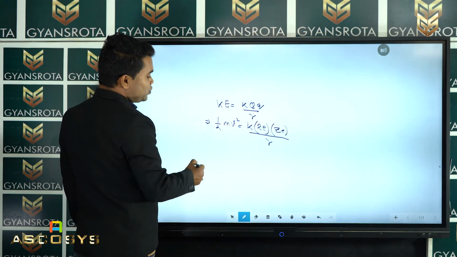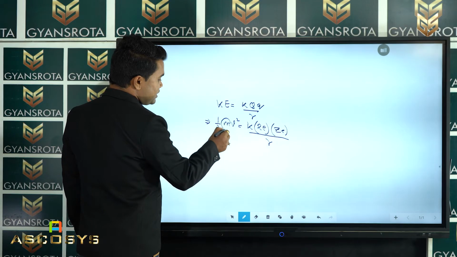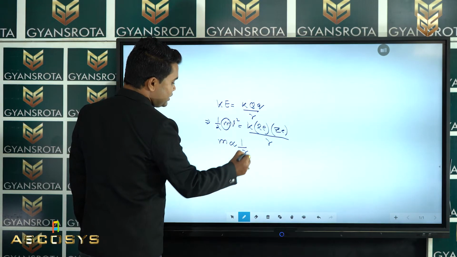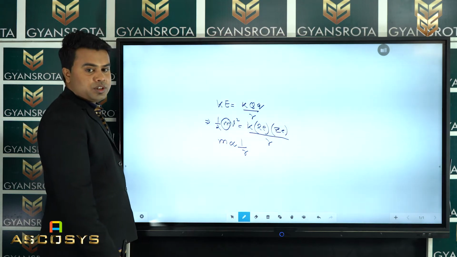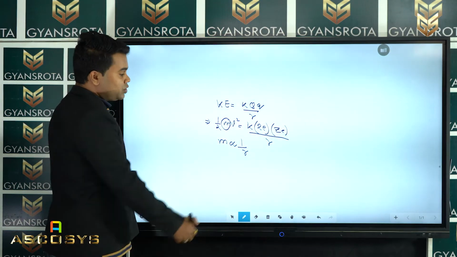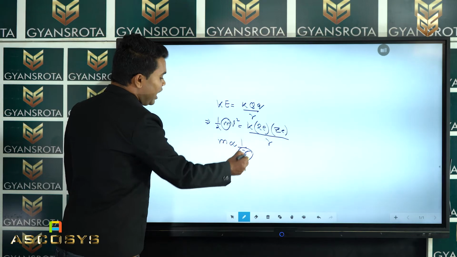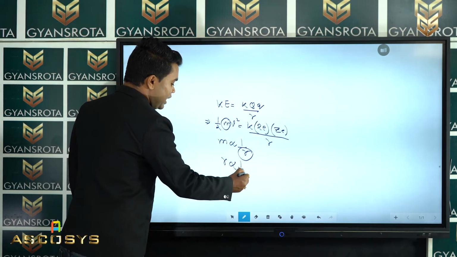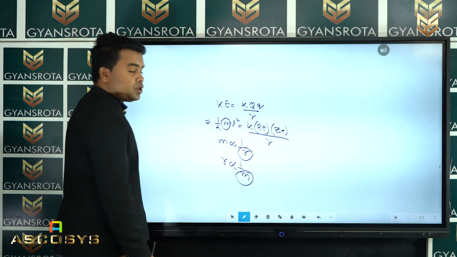So, if you look at this carefully, the mass m varies inversely with the distance r. In the question, they are asking how the distance of closest approach will vary. So, r is inversely proportional to m.